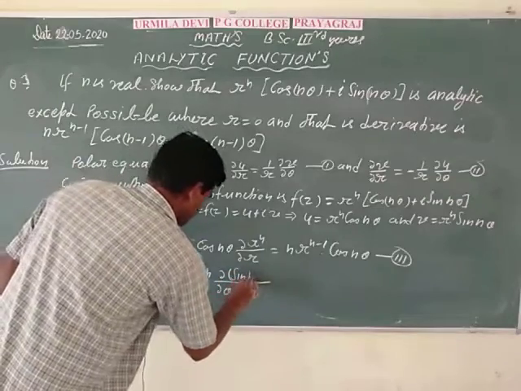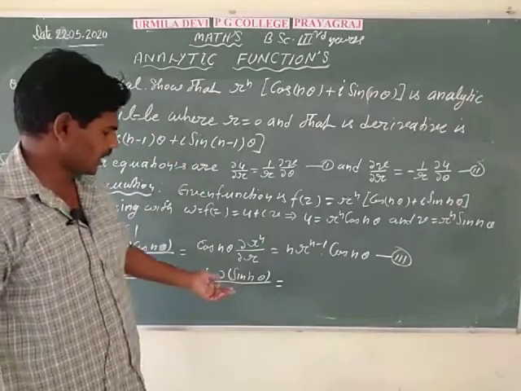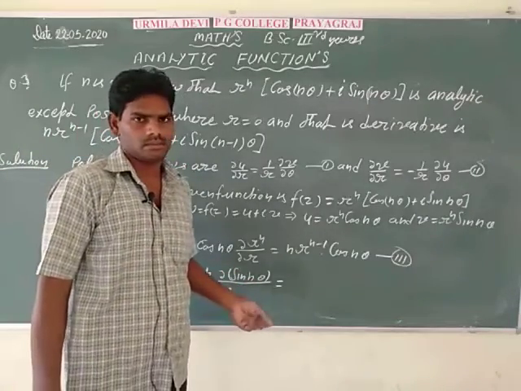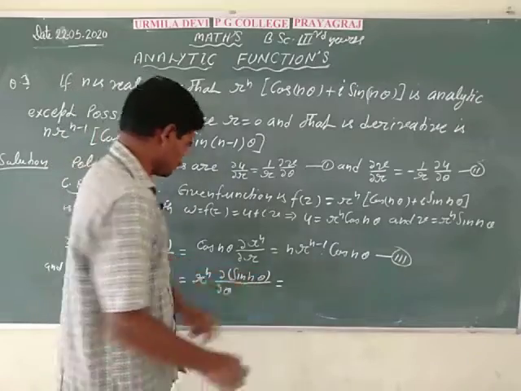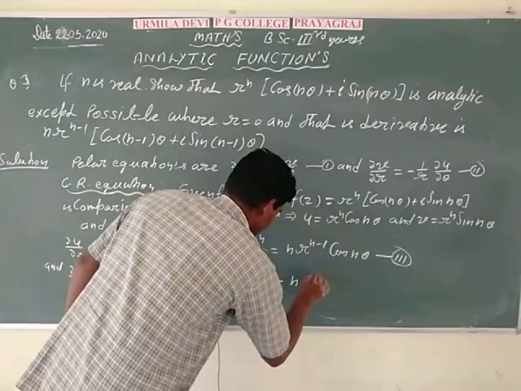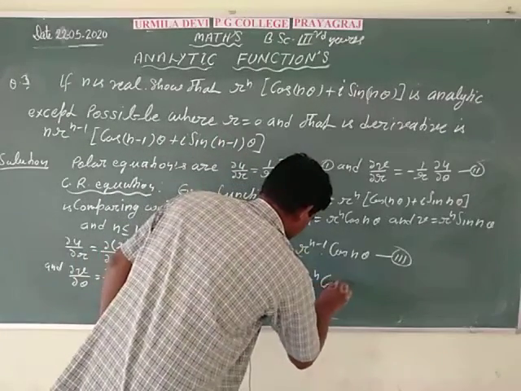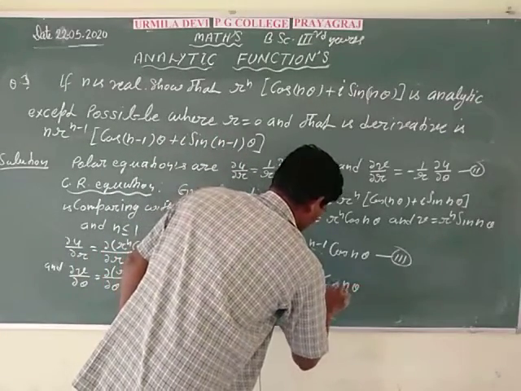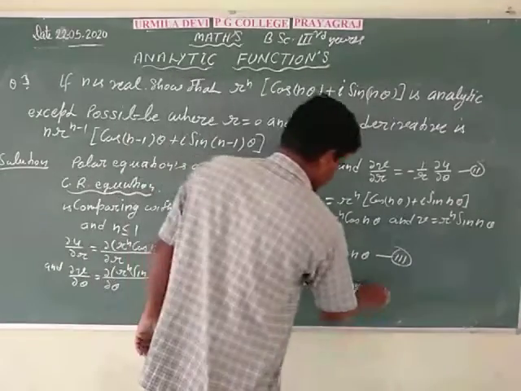The partial differentiation of sin n theta is n times cos n theta, so this is equal to n times r to the power n cos n theta, which is considered equation 4.